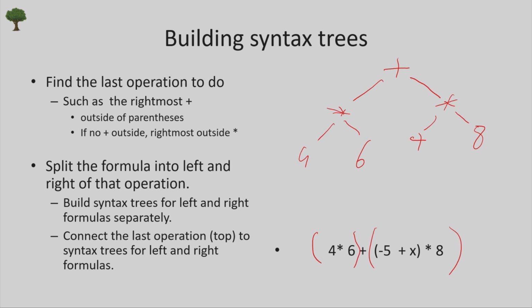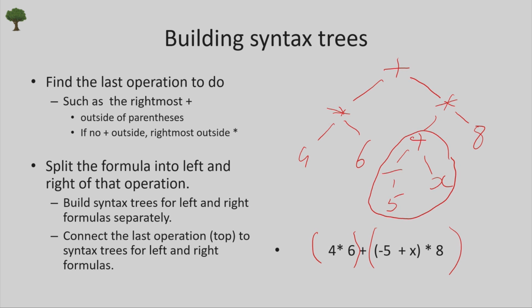And now I could just write the tree for minus 5 plus x. So minus 5 plus x, and I'm done. So the thing in parentheses, this one, becomes the separate little subtree of the big tree.